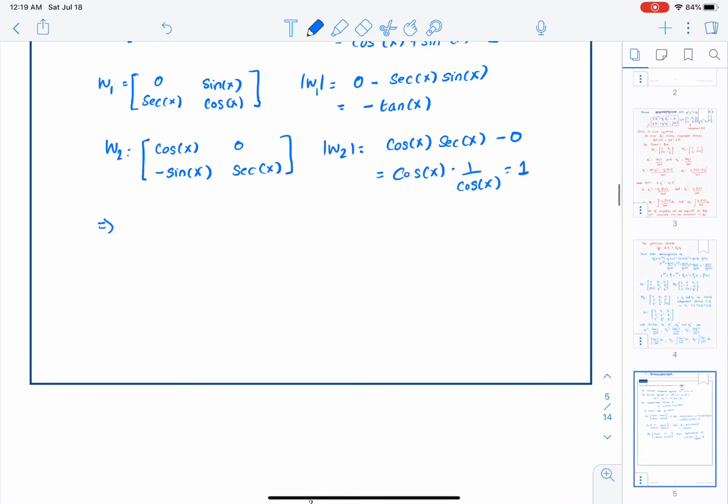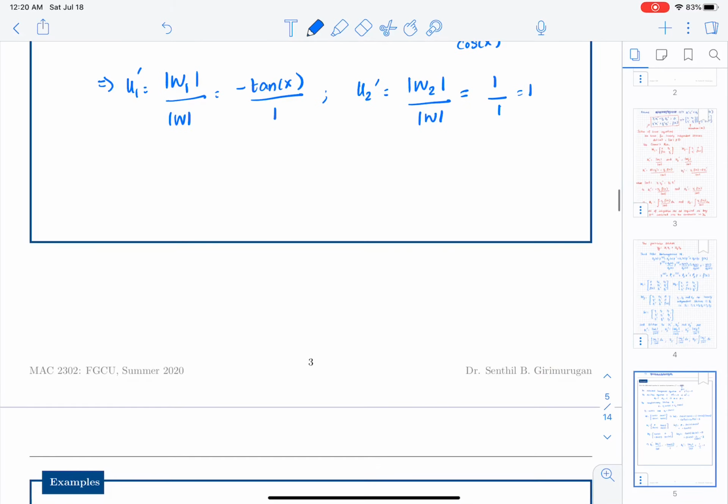So u1 prime is the determinant of w1 divided by the determinant of w, which is negative tan x, divided by 1. u2 prime is the determinant of w2 divided by the determinant of w, 1 over 1, we have 1.